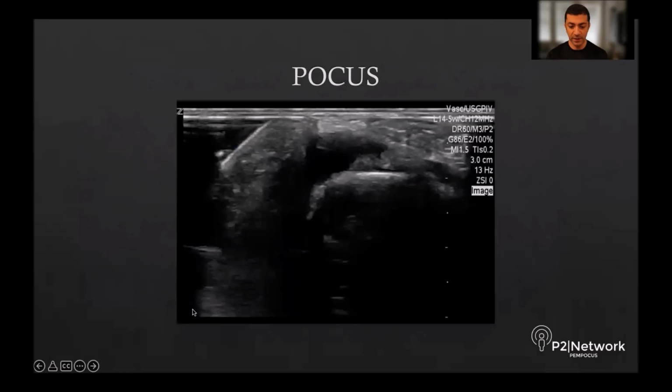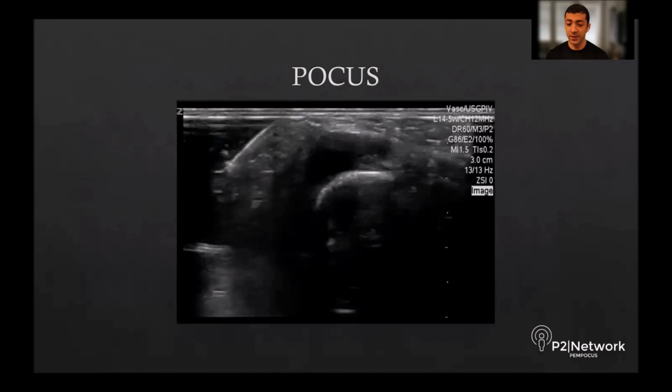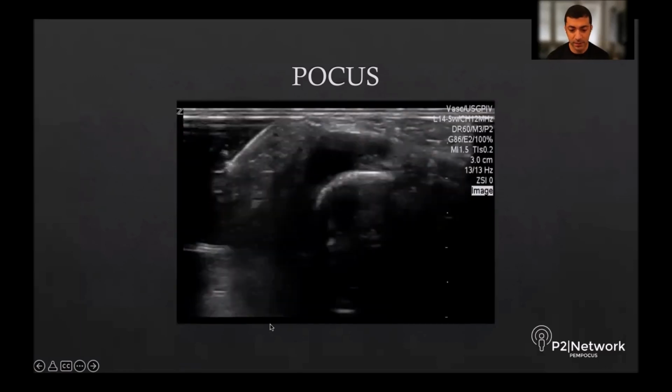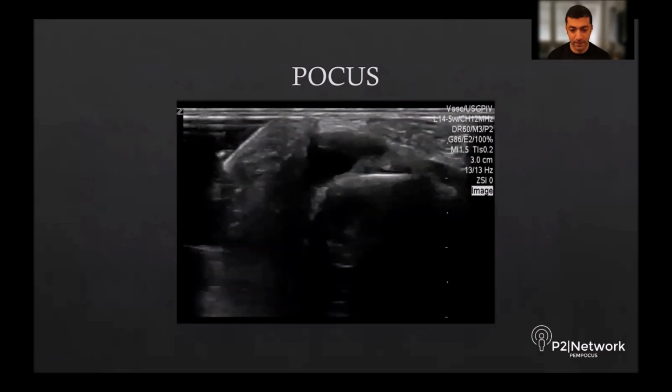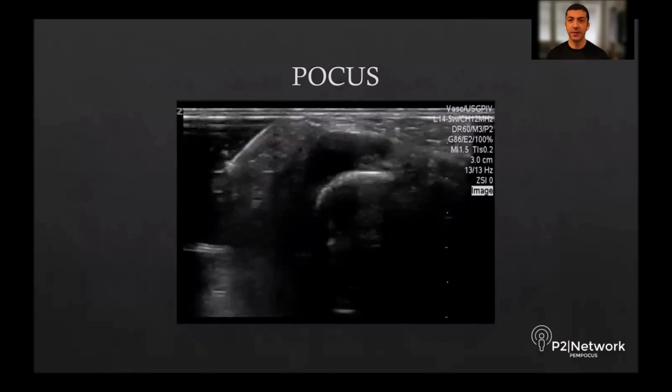And when we look at this clip, you can appreciate some pulsatility to that anechoic lesion. You can see here again that pulsatility and pulsation in the lesion, which gave us a hint that we may be dealing with a vascular injury rather than an abscess or an infection.